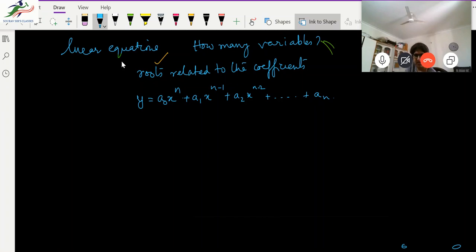How many terms are there in this equation? There is a0, a1, a2, and the last one is an.